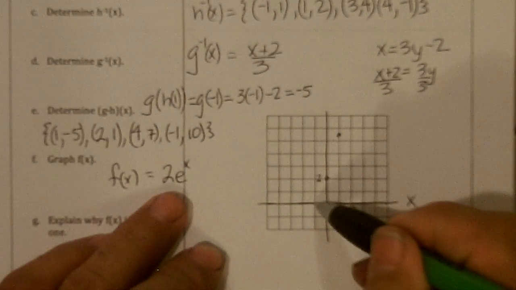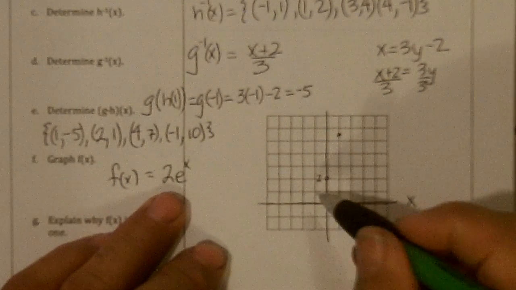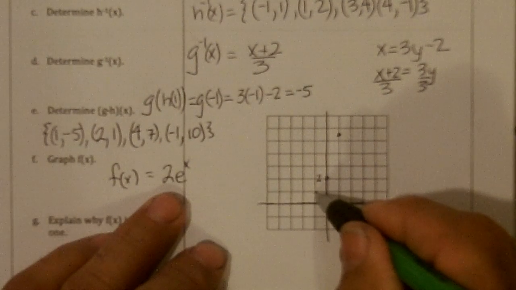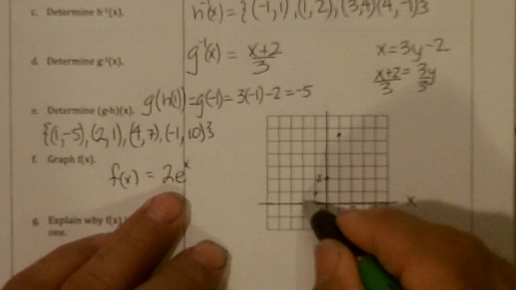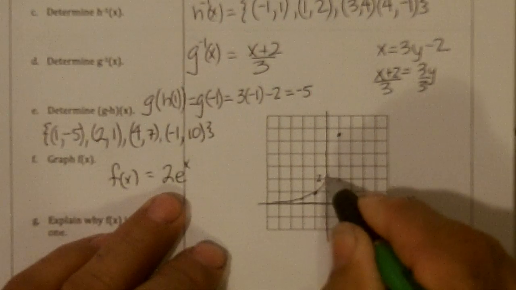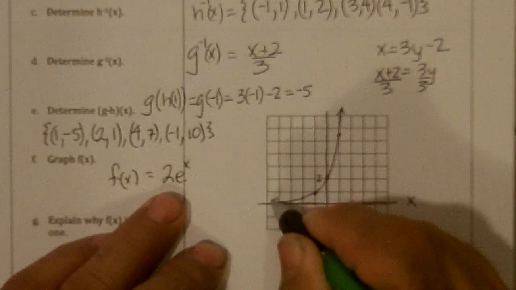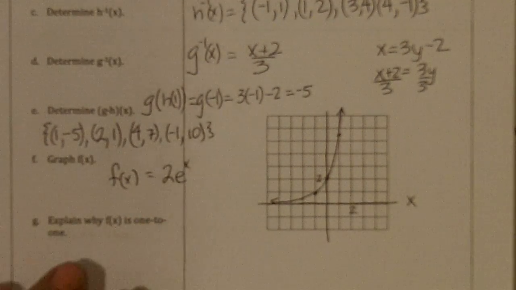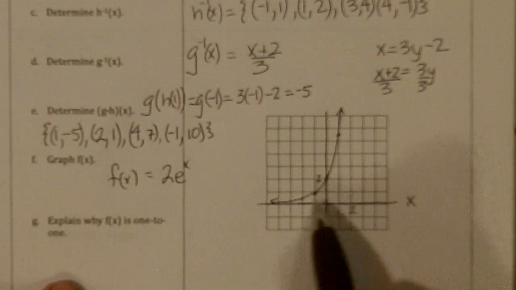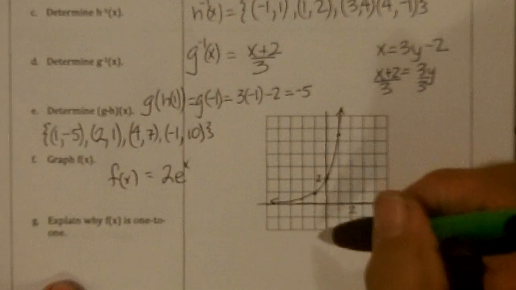E to the minus 1 is 1 over 2.7 times 2 is about 0.9, I'm guessing, and then it's going to go down. And f is 1 to 1 because it passes the horizontal line test everywhere and the vertical line.